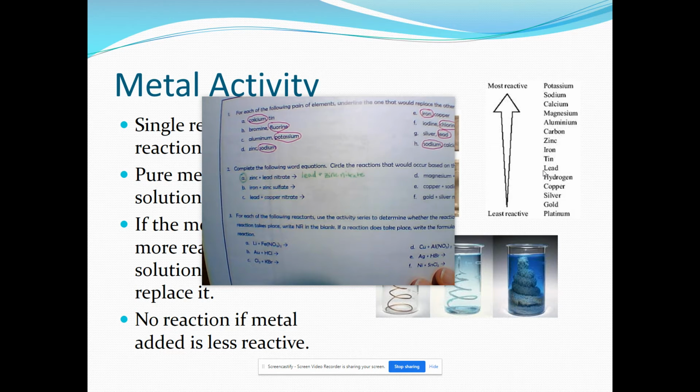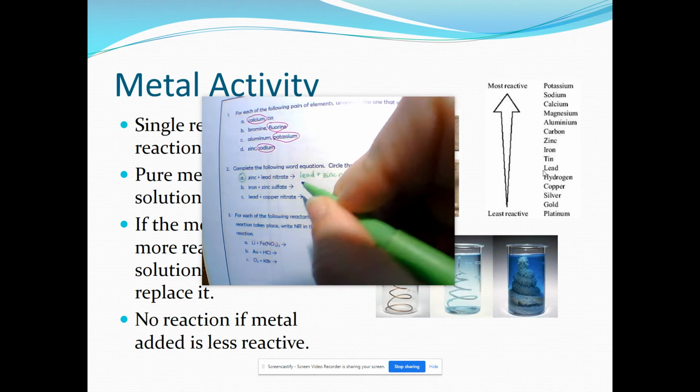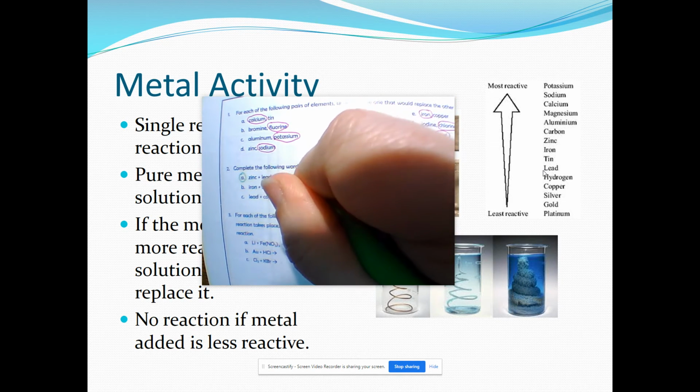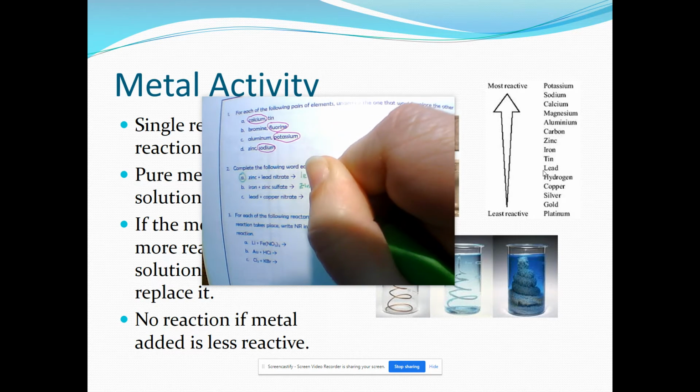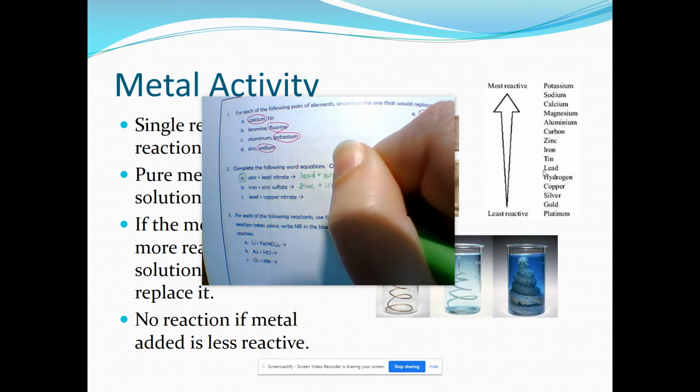Okay. The next one, iron and zinc sulfate. So if we put iron in a solution of zinc sulfate, will that react? So if we do the word equation, we're going to end up with zinc and iron sulfate.